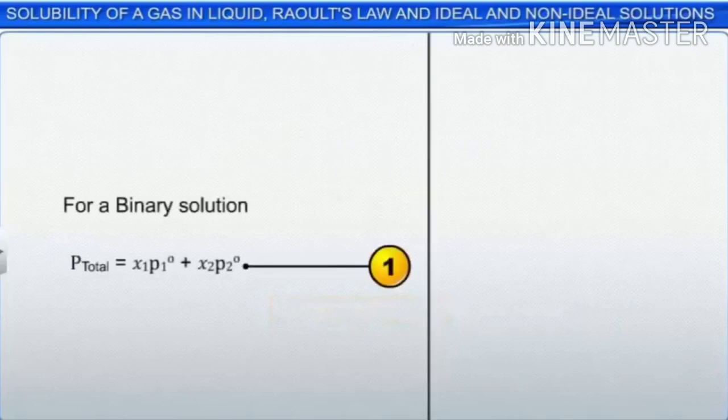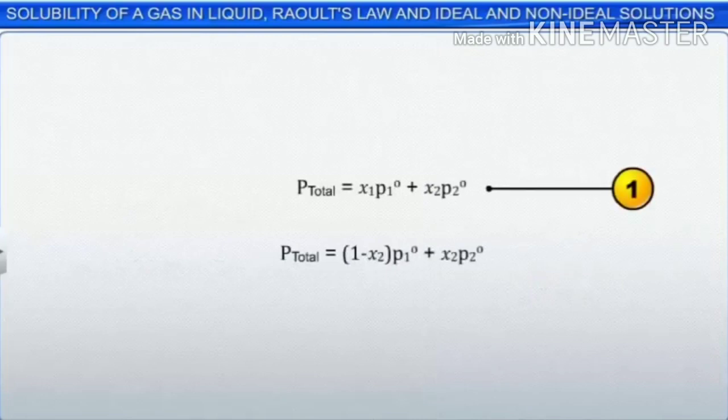Further, you know that for a binary solution, the sum of mole fractions x1 and x2 is equal to 1. Or we can write x1 = 1 − x2. Now substituting for x1 in equation 1, we get P total = (1 − x2) P1⁰ + x2 P2⁰.